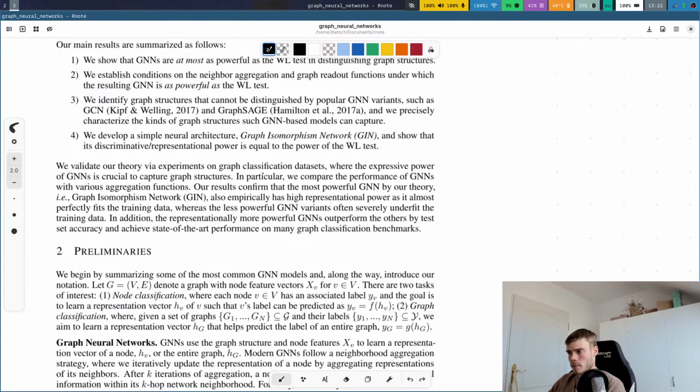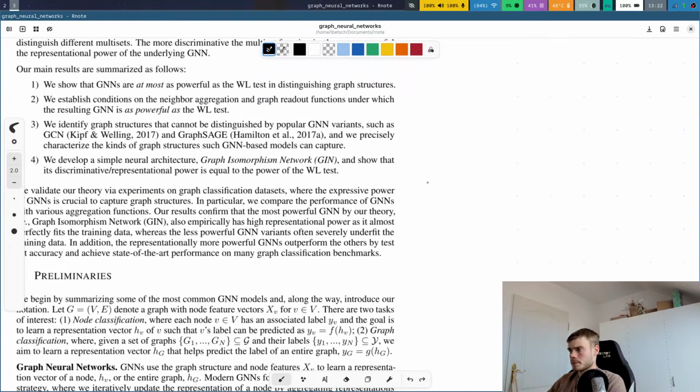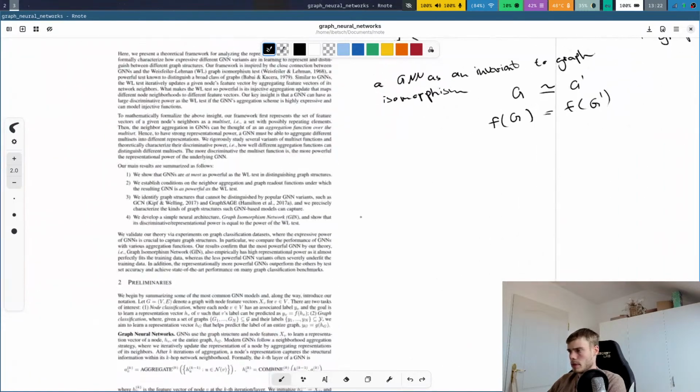Our results confirm that the most powerful GNN by our theory, i.e. the graph isomorphism network, also empirically has high representational power as it almost perfectly fits the training data, whereas the less powerful GNN variants often severely underfit the training data. In addition, the representationally more powerful GNNs outperform the others by test set accuracy and achieve state-of-the-art performance on many graph classification benchmarks. Okay, so what does this mean?